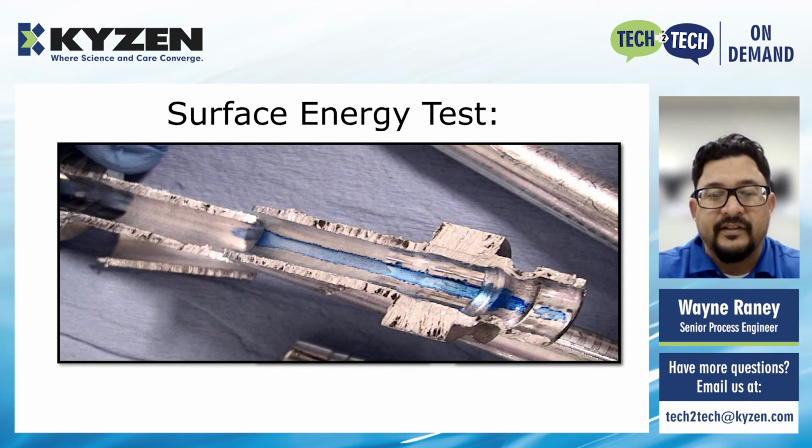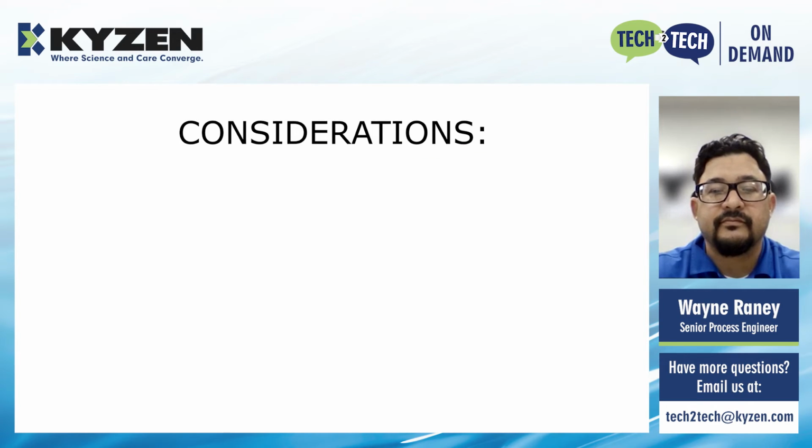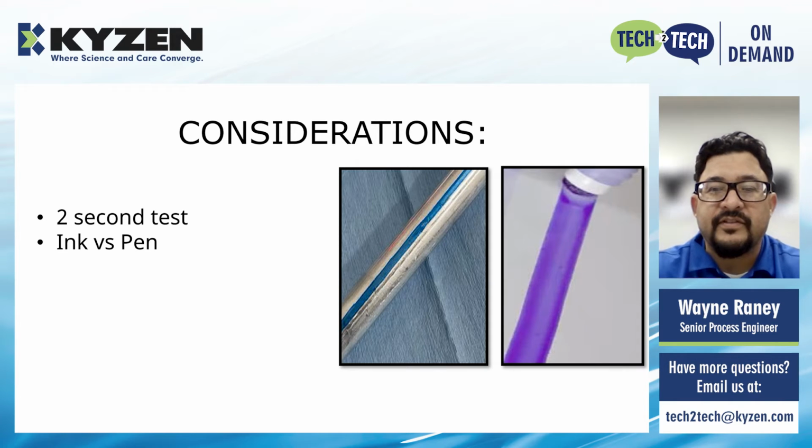So a solid line means that the surface energy is good and you've got a clean part on the inside. For the surface energy cleanliness test, the ink must remain uniform for at least 2 seconds. And after 2 seconds, if there is no separation of the ink, then the test is a success. When talking ink versus the pen, each of these has its advantages and disadvantages.